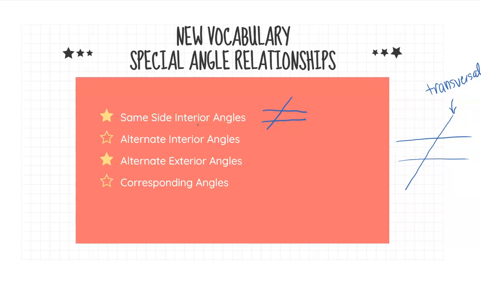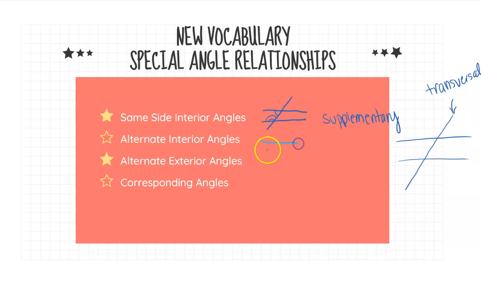So for example, this angle and this angle, those two angles are same side interior angles. They're both on the left side of our transversal and they are both inside or in between my two parallel lines. Same side interior angles, if we remember, are going to be supplementary. So they add to 180 degrees.